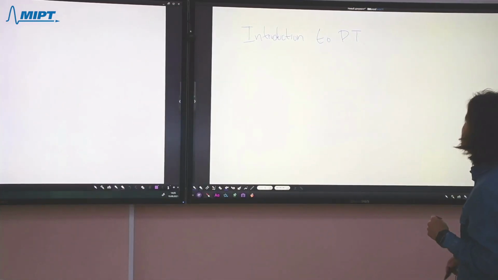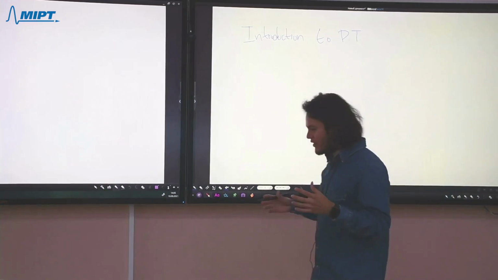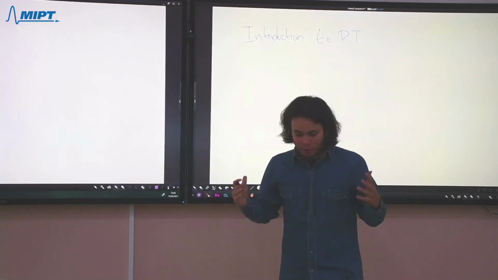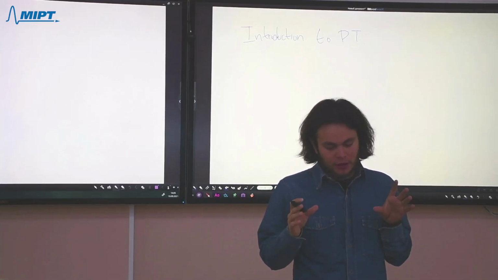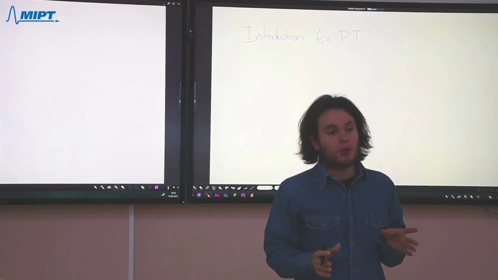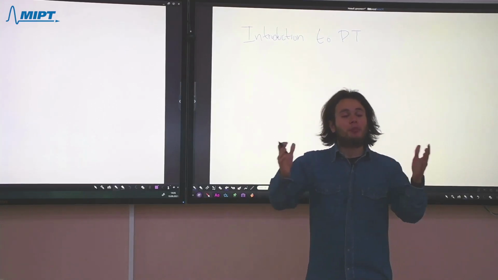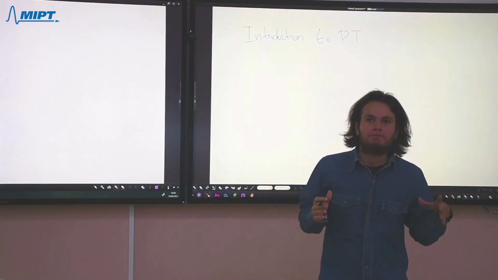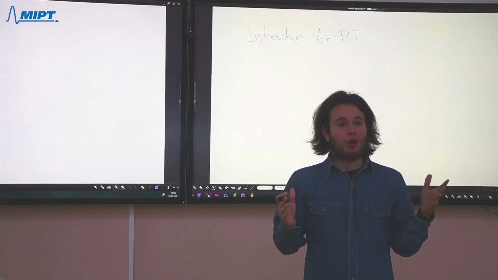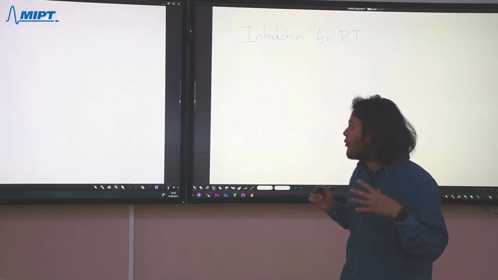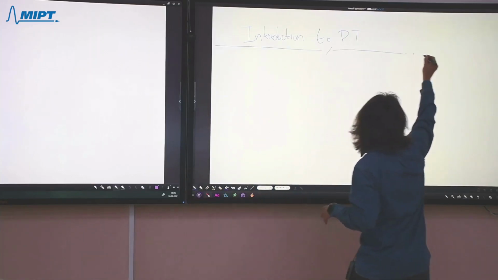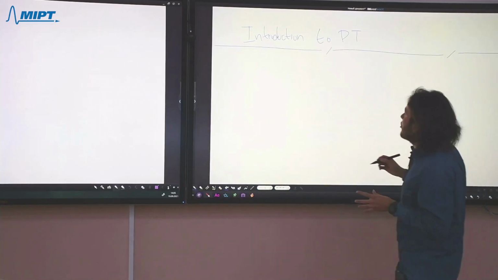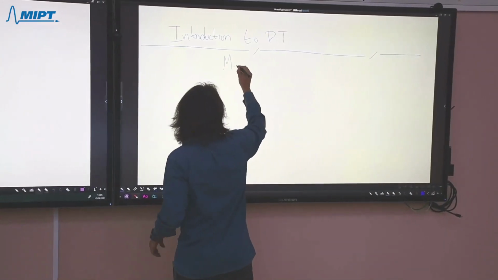Now we have reviewed everything related to basic probability theory, to discrete probability theory, and this semester we have to study general probability theory, or theoretical probability theory, let's call it that way. So the first thing that we have to deal with is measure theory.